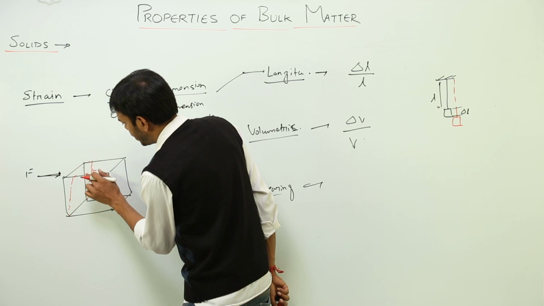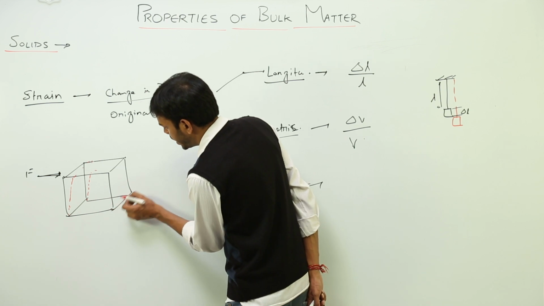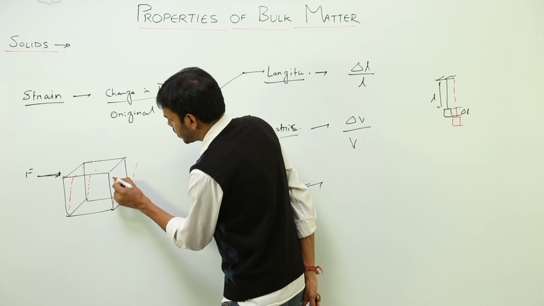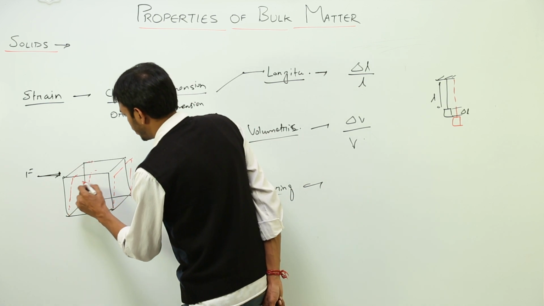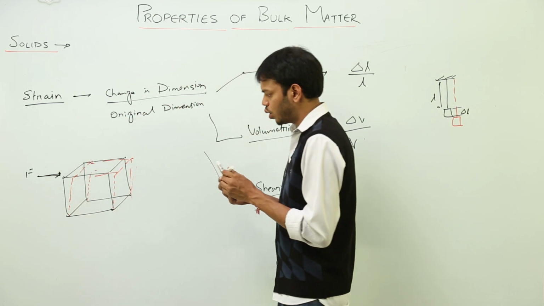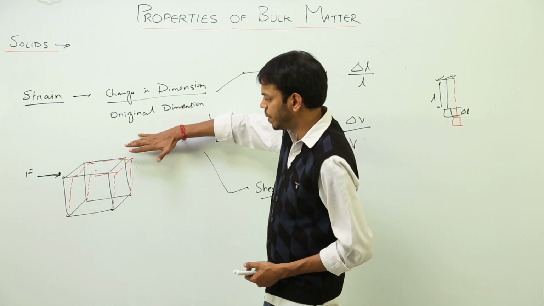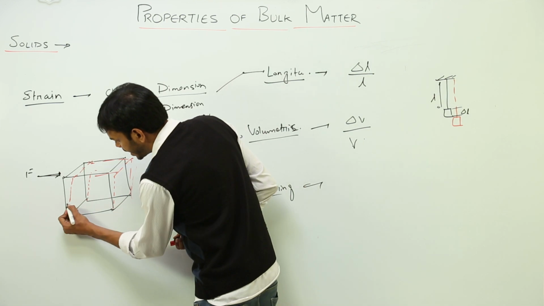Instead of the whole, I'll be drawing only this much angle, and similarly this got displaced till here. Okay, so this is the diagram we are looking for. From the diagram you can see only the upper surface got displaced whereas the lower one was fixed. So there is a small angle created here.